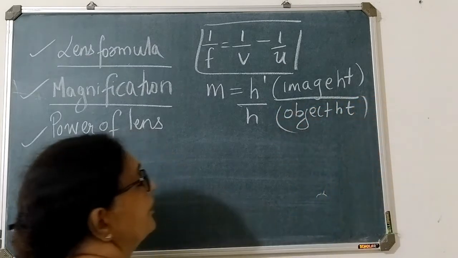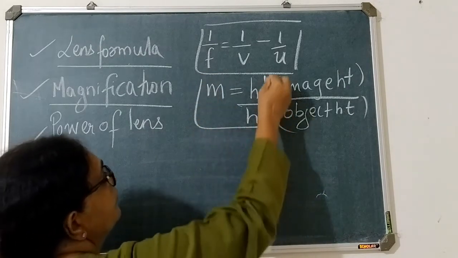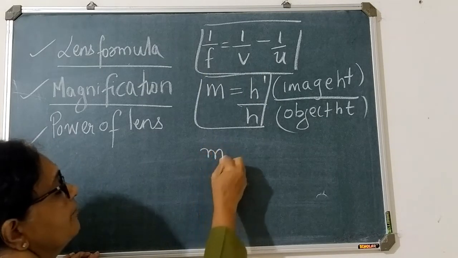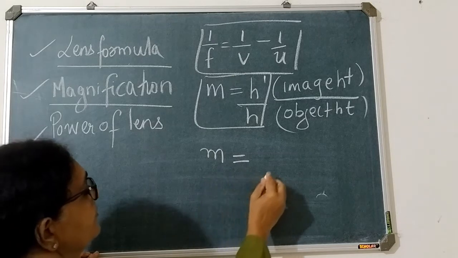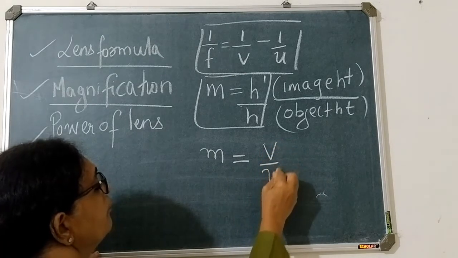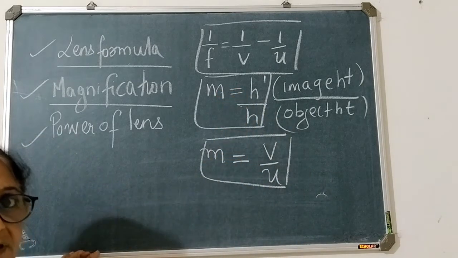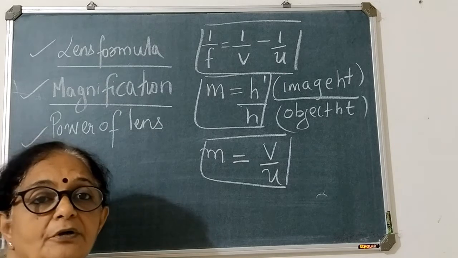There is one more formula for this. Magnification of lenses is given by m is equal to v upon u. So these are the two formulas which you will have to know while we are going to do numericals.